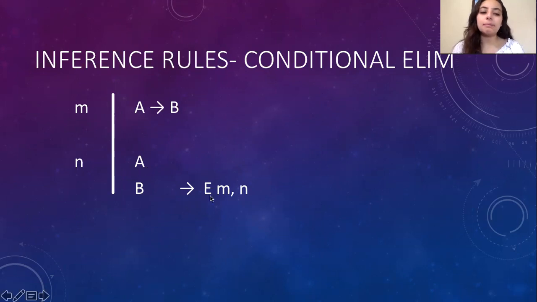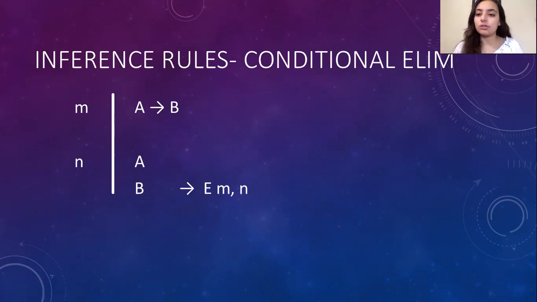Then you can easily get B by just eliminating it and citing the two lines that you got that from. It's not just one line, because you had to get A as well in line N in order to get B. But I can't go and say, okay, say you had B in the premise, right? You can't get A that way. You can't say, okay, conditional elimination, M, N, and you're good to go.